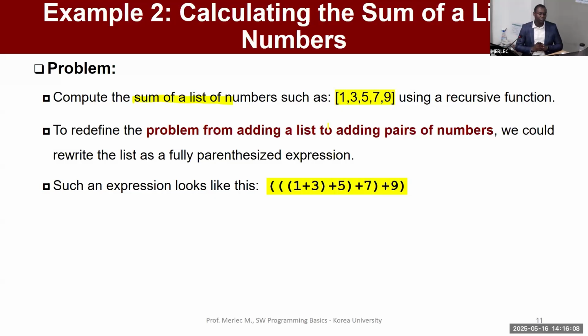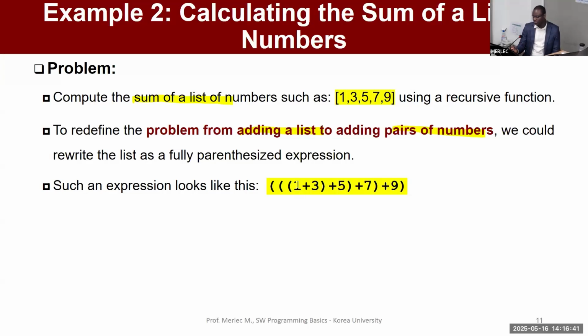Okay, so for us to formulate the solution of this problem as a recursive solution, we have to redefine this problem from adding a list to adding pairs of numbers. Okay, so this can be expressed as follows. So we have two elements of the list that can be added recursively.